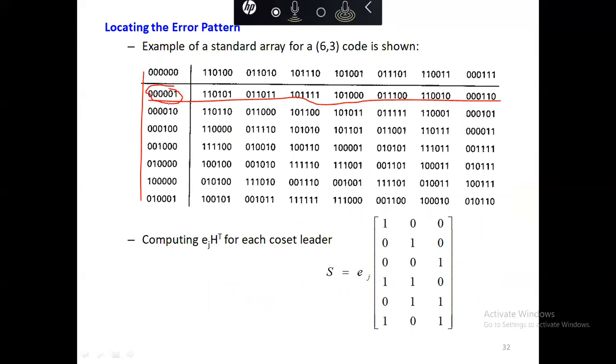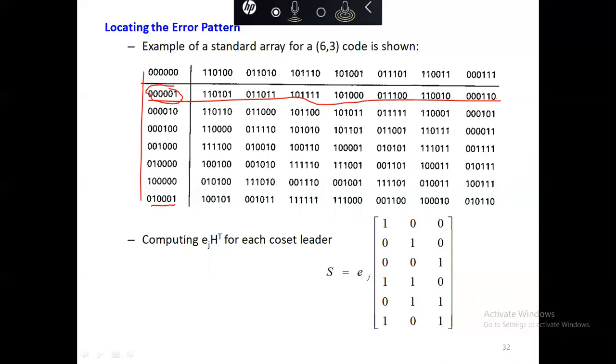So error pattern is a coset leader. Similarly, it is able to detect 1-bit errors, and to some extent 2-bit errors, a few 2-bit errors. So we have all 1-bit error patterns as coset leaders, and then we have the complete coset.